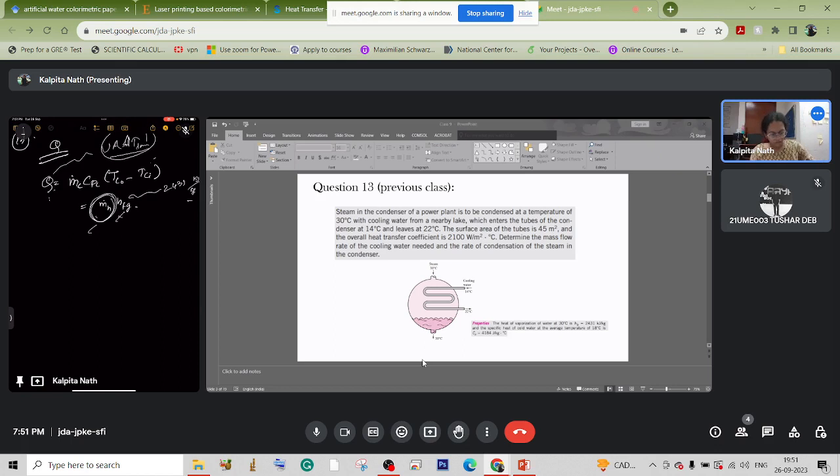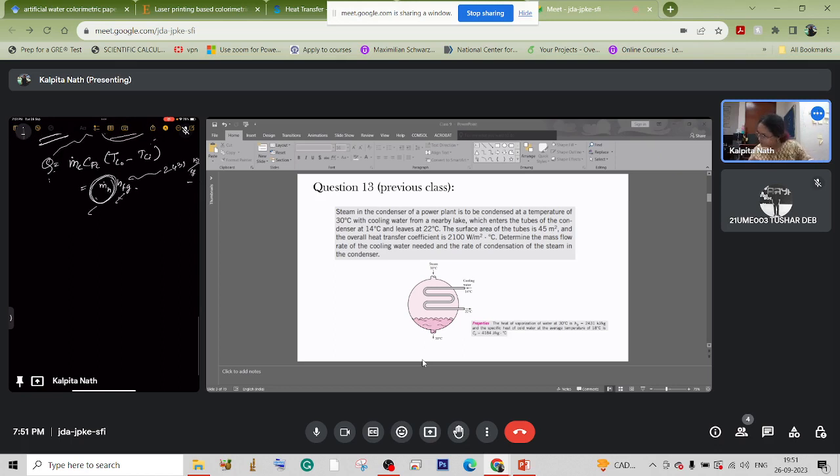I don't think you are able to solve this, so let me solve it for you. So first we need to calculate log mean temperature difference. For that we need to first calculate delta T1. As we already know, THI, TH naught, this is similar, this is same.